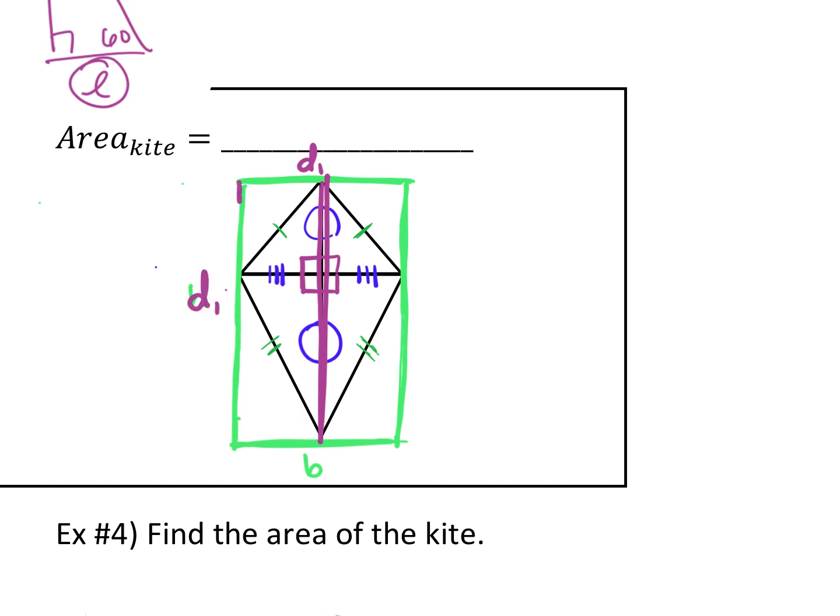So the side of the rectangle is the same as the length of the diagonal. Now look at the other one. This diagonal is the same as the base. So I would call that the same as diagonal 2. So really, instead of base times height, I can go diagonal 1 times diagonal 2, and I would find the rectangle, but I don't want the rectangle.